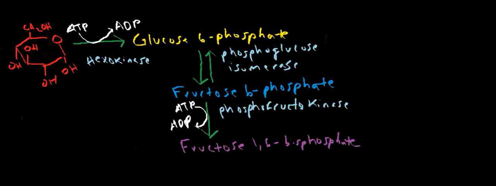Now, from glucose 6-phosphate to fructose 6-phosphate, you have a reversible reaction, which is catalyzed by phosphoglucose isomerase, okay? And third, you have fructose 6-phosphate being converted into fructose 1,6-bisphosphate, which is an irreversible reaction catalyzed by phosphofructokinase, okay?